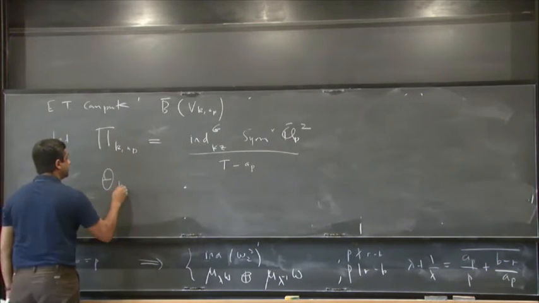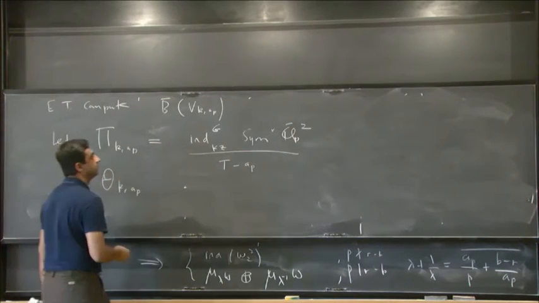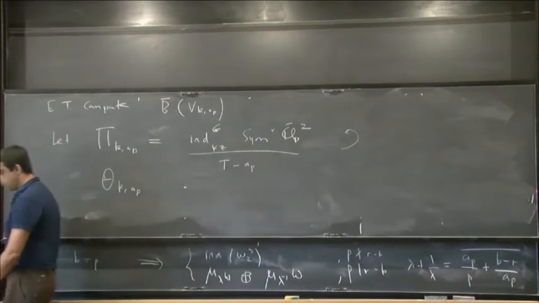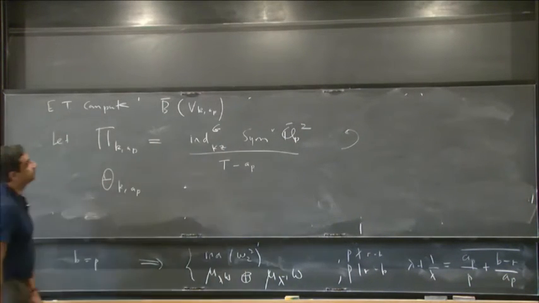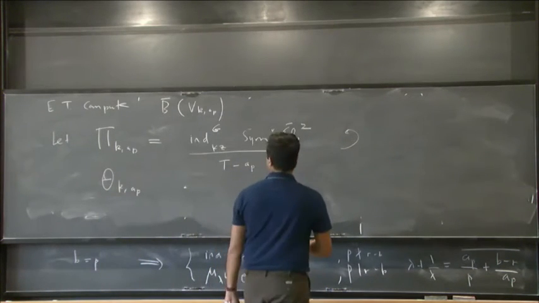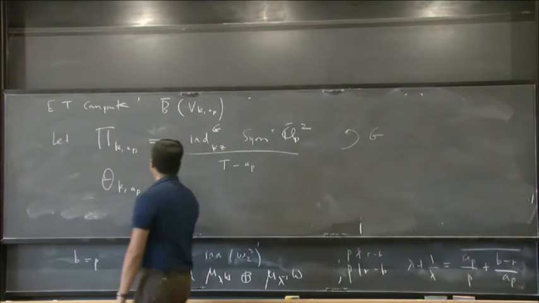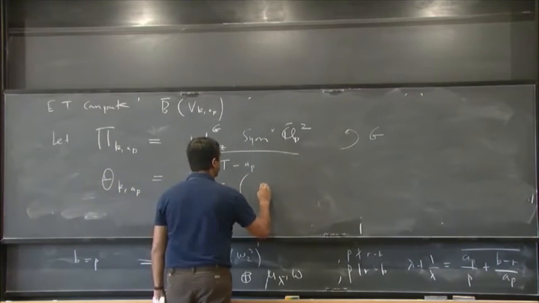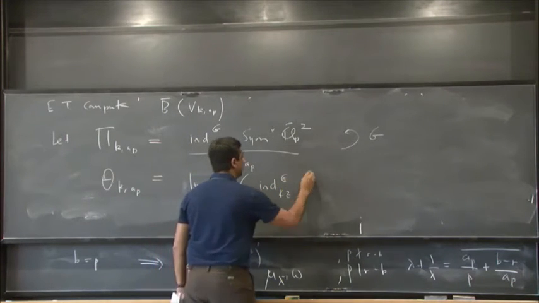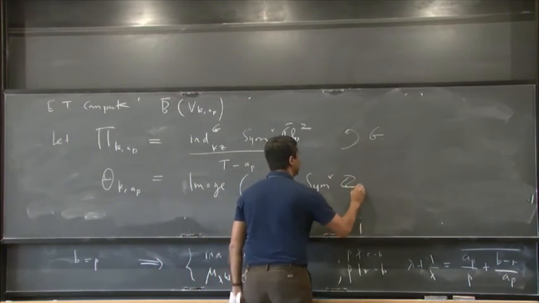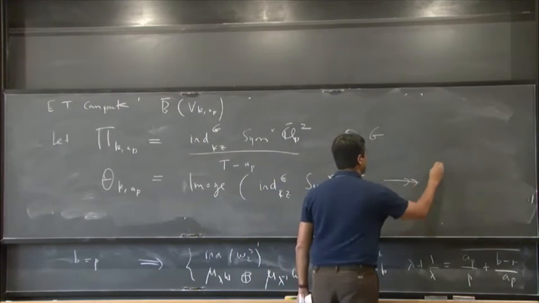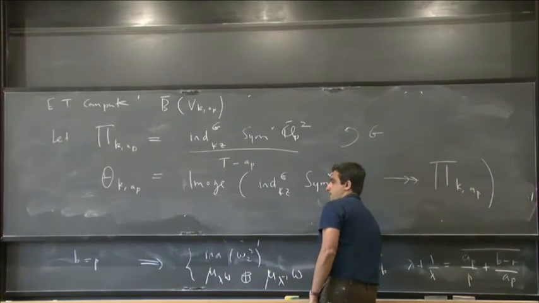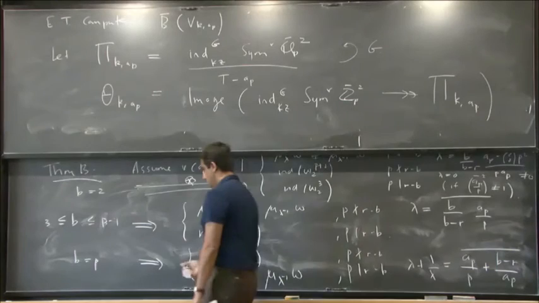Let's define the following lattice inside capital pi k. So this is a G module. These are just functions from G to this characteristic zero space, with the G action on the right. So there's this lattice. You can just look at the integral functions.